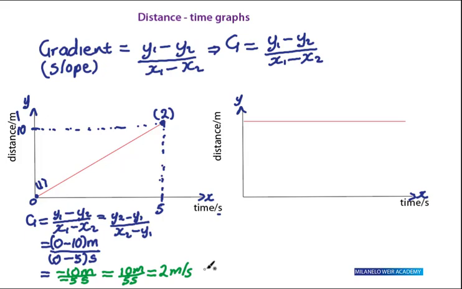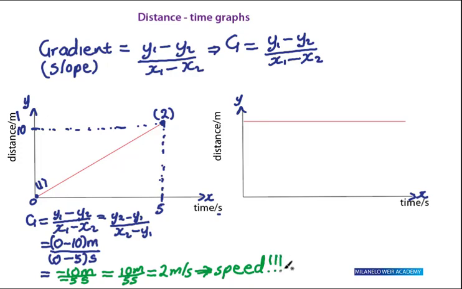And what is 2 meters per second? It comes out to be the speed. This is the speed. And what do we conclude?